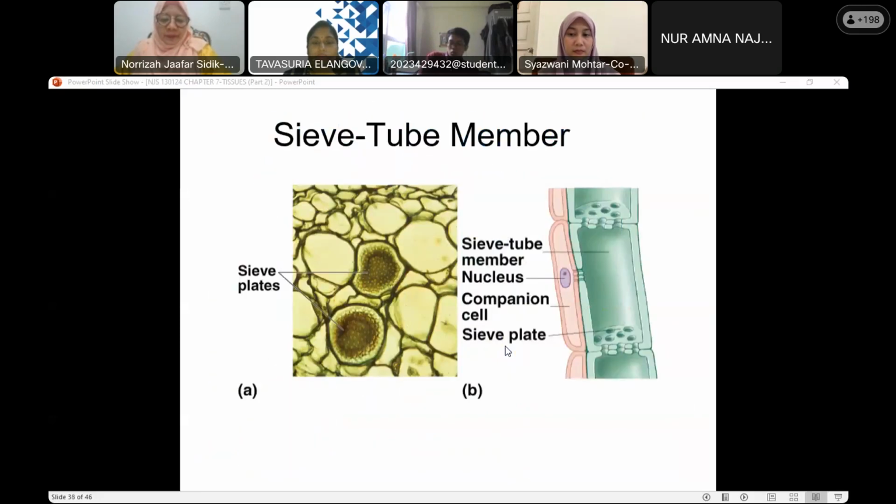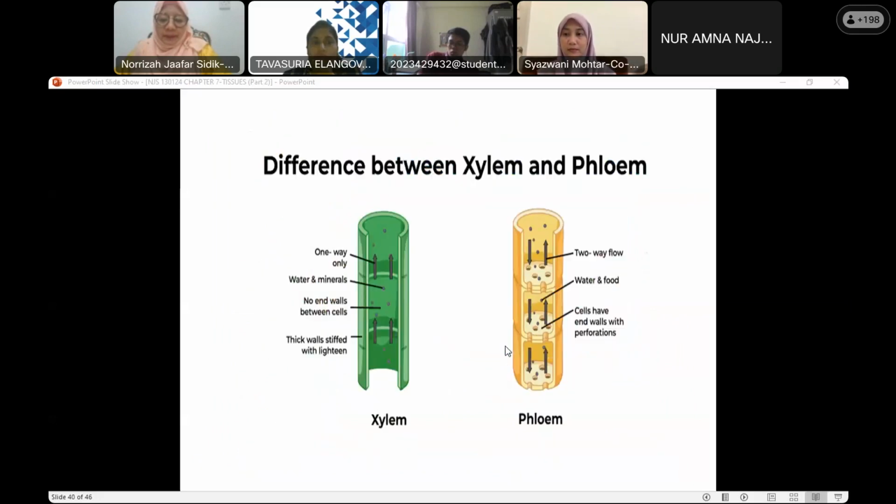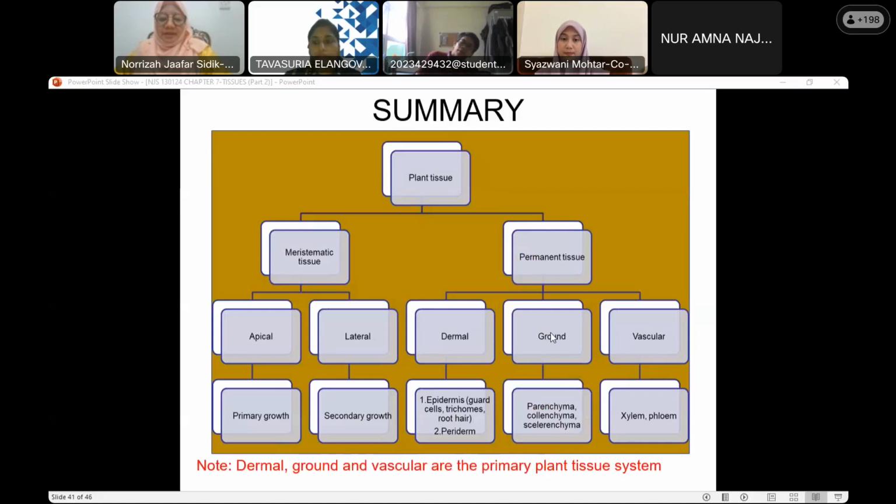Another difference between xylem and phloem is that the xylem is dead at functional maturity, whereas phloem is alive at functional maturity.